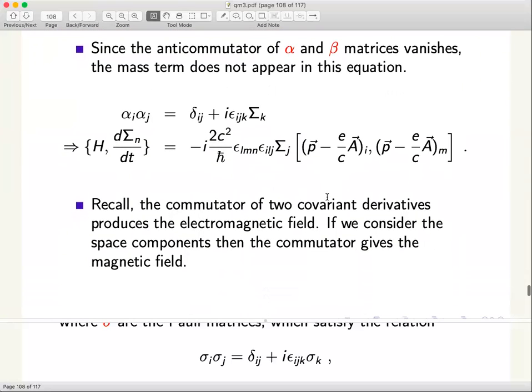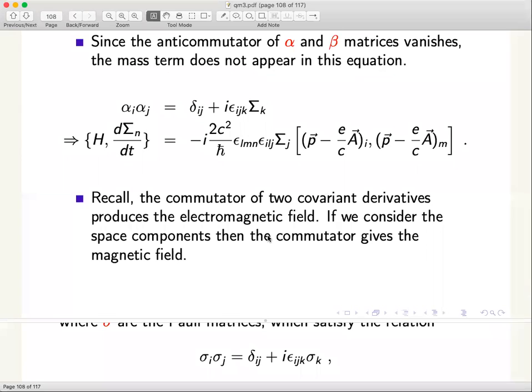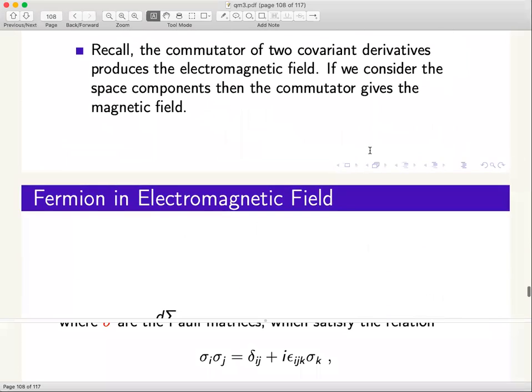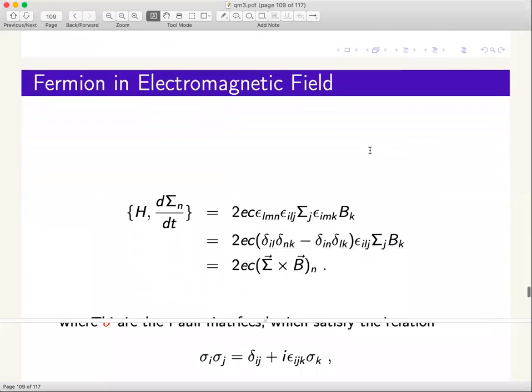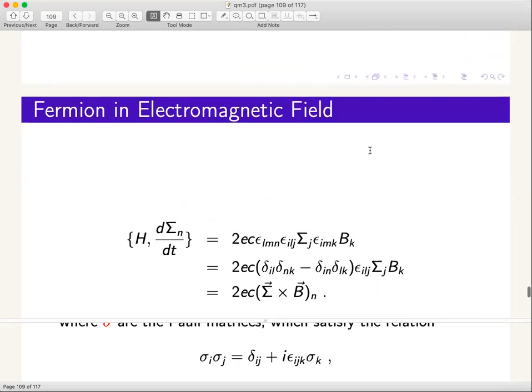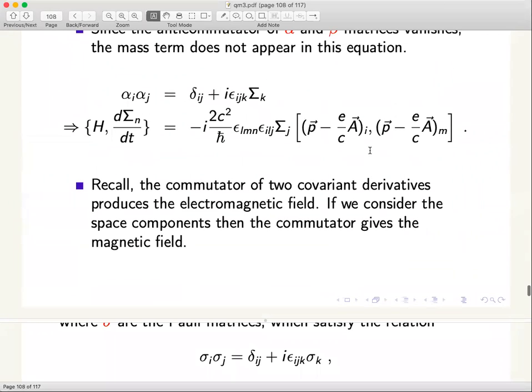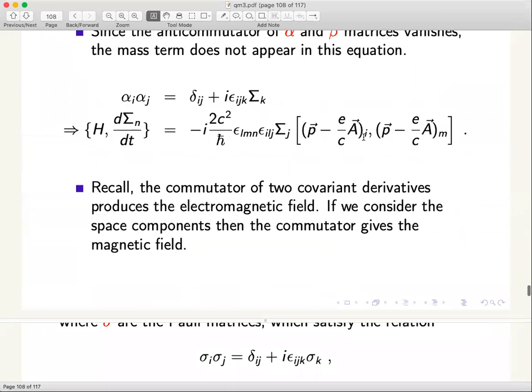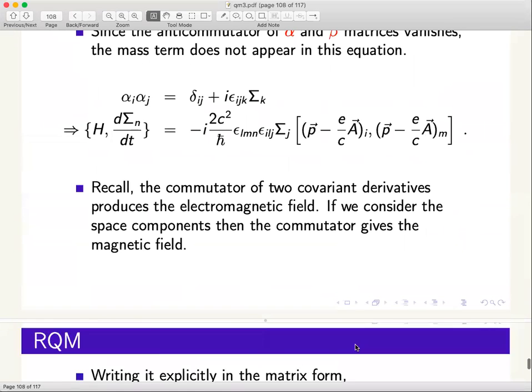Okay. So as I said, that commutator of two covariant derivatives would produce the electromagnetic field strength. So we'll just look at the spatial component of it. It will produce a magnetic field for us. Okay. So what we get is something like this. Okay. So now notice that we are actually going to get FIM by using the commutation relation that we have been using.